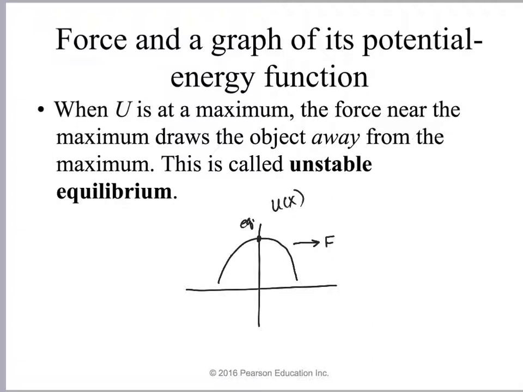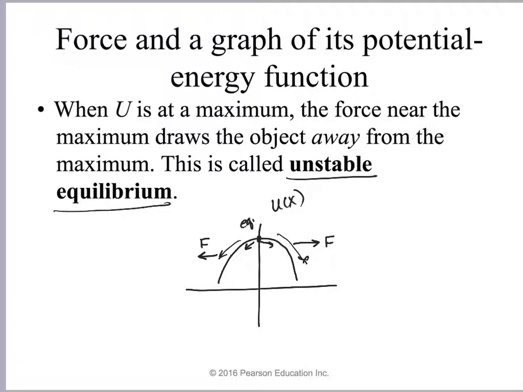And on the left-hand side, our slope is positive, which means our force would be negative or to the left. Now, when we think about displacing our object just a little bit from the equilibrium position, we see that the force would actually keep pulling it away in either direction. And that's why this is unstable.